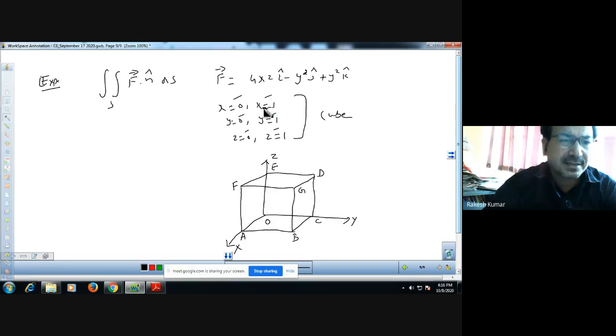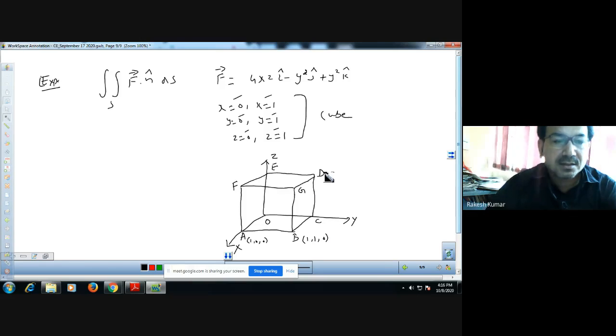It is clear that along the x-axis we should have x equal to 1. So you can say that this is a cube of size 1. The coordinates are as follows: A is 1, 0, 0, in the xy plane. B is 1, 1, 0. D is 0, 1, 1, in the yz plane. E has coordinates 0, 0, 1.